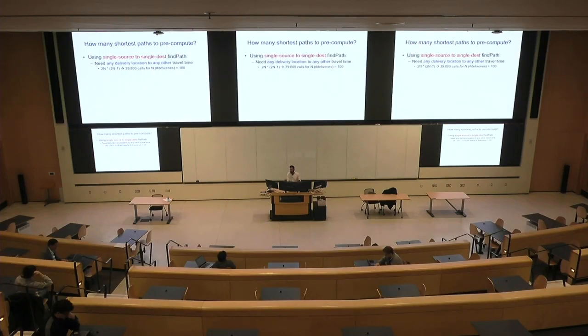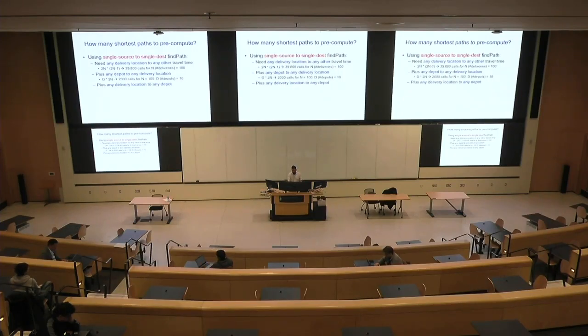That's around 39,000 calls to find path. Plus, we need any depot to any delivery location, so that's an additional 2n times d calls, around 2,000, plus any delivery to any depot, another 2n times d. In total, we have 43,800 calls to the M3 function in order to build that matrix.